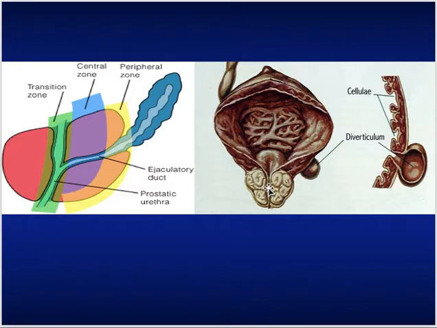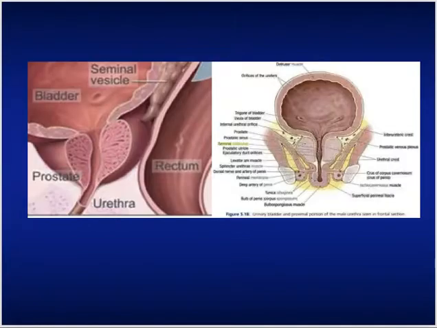Okay, and there is a special muscle over here which basically constricts or relaxes, of course, and that controls the ejaculation. So this is a very general type of anatomy of the prostate. If you see over here again, they are showing the relation of the prostate with the rectum and the bladder.